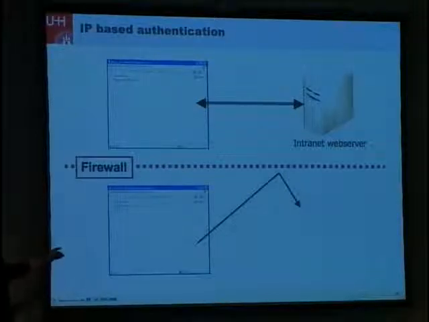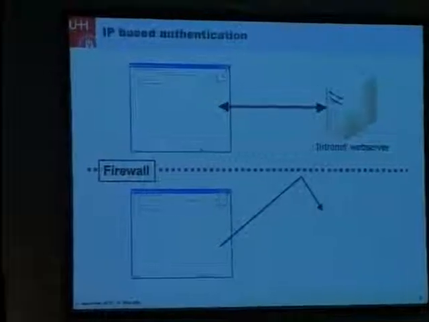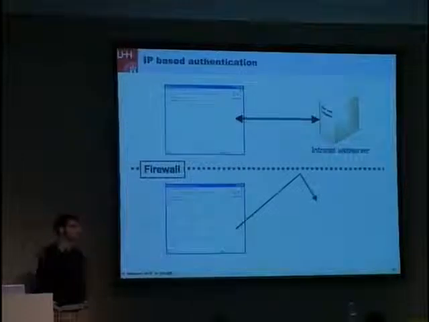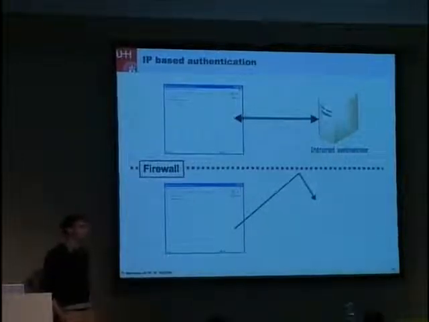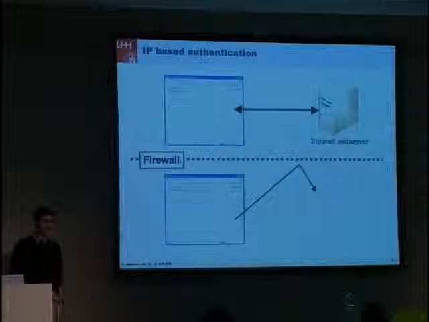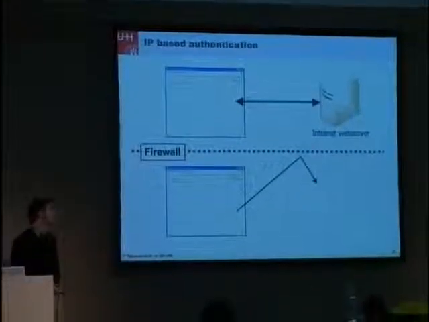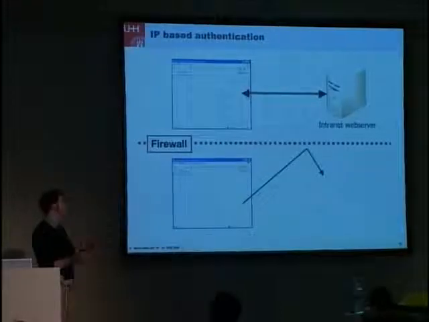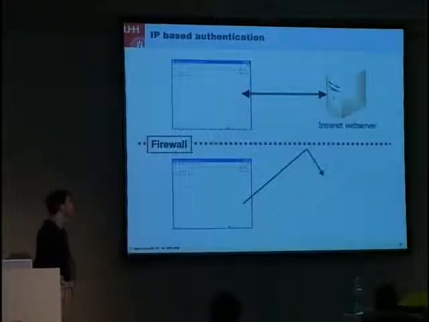Every web browser from outside, from the evil guys or from innocent bystanders that want to get to the intranet web server, is rejected by the firewall. For this reason, the firewall is used as an implicit means of authentication. So not what you have or what you know is the authentication mechanism in this case, but where you are. If you're in the internal net, you're authorized. If you're outside the internal net, you're not authorized.